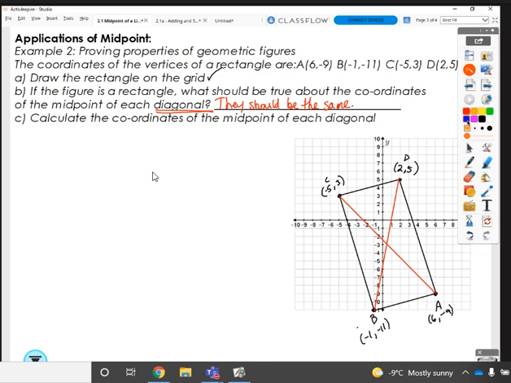Okay. So this first diagonal we'll do will be AC. And we're going to find the midpoint of that line segment, AC. And we're going to use the formula x1 plus x2 divided by 2, y1 plus y2 divided by 2.